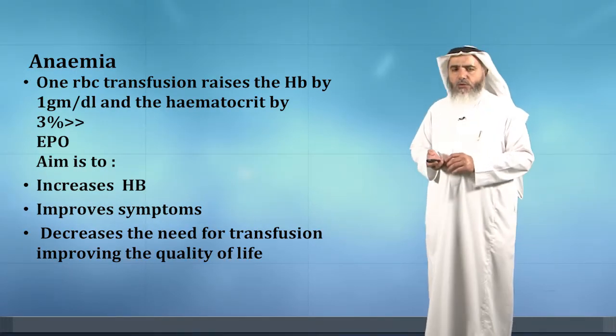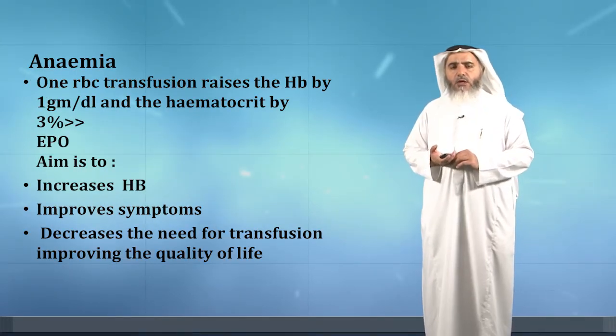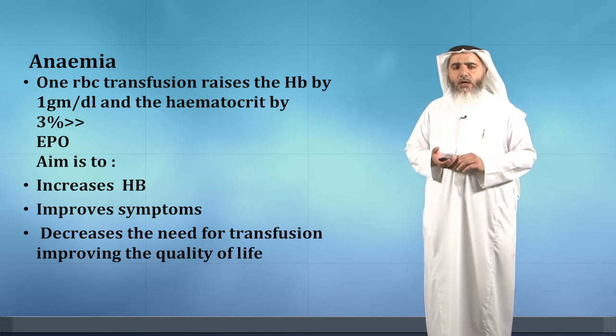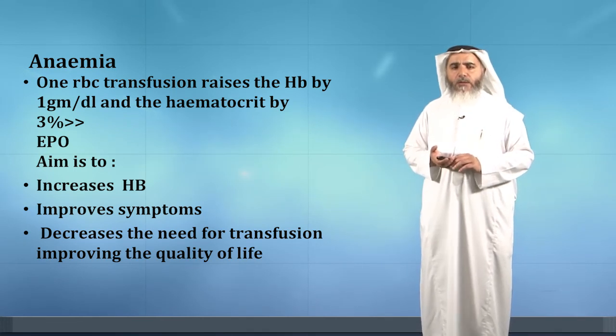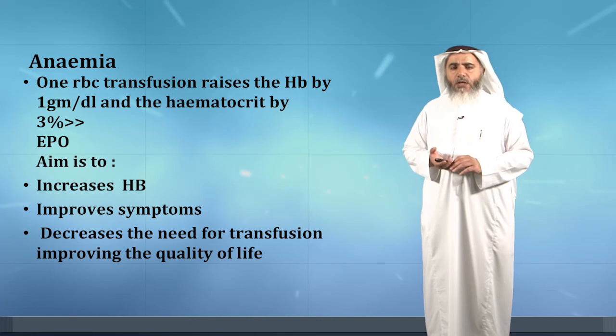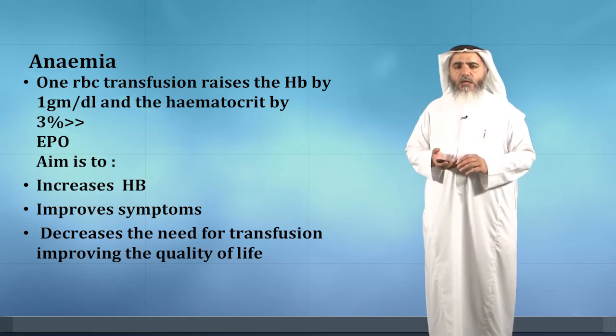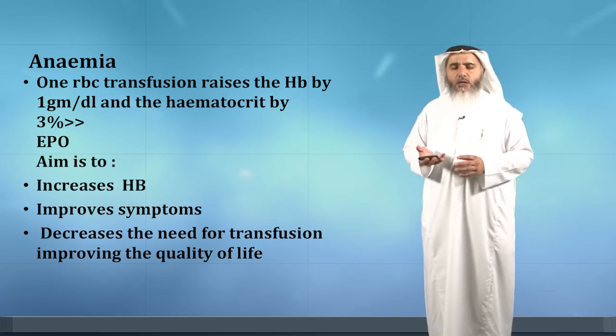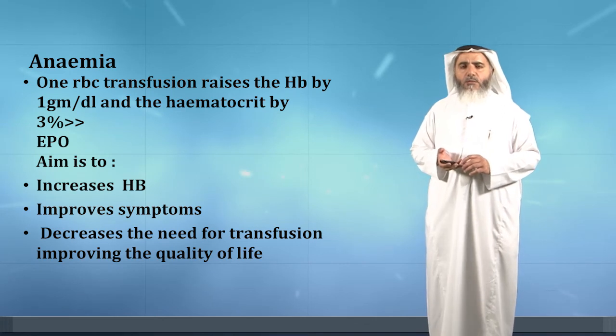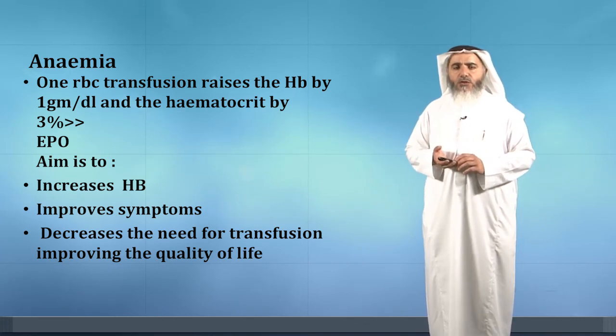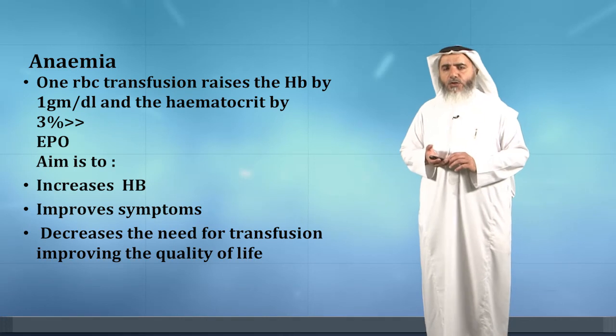What you do with patients who develop anemia is first to find the cause of anemia and fix it. If the patient has hemorrhage, you may need to fix the hemorrhage either by intervention, scope, radiation, or surgery.